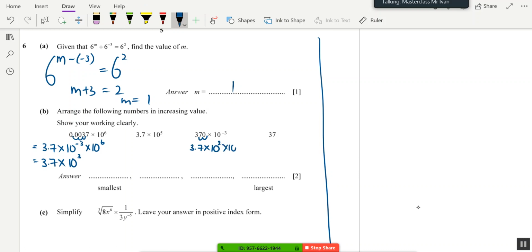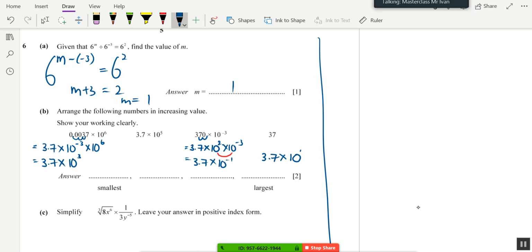Then times 10 to the power of negative 3. This means that it's equals to 3.7 times 10 to the power of, when you multiply, the power will add. Plus. 2 minus 3, it will be negative 1. Then for 37, it's just 3.7 times 10 to the power of 1.